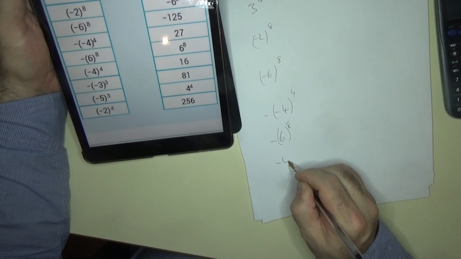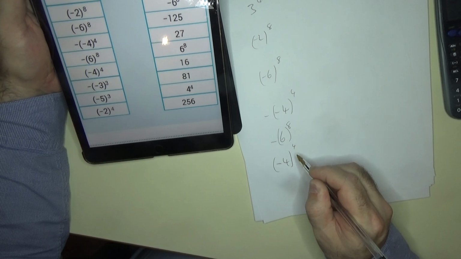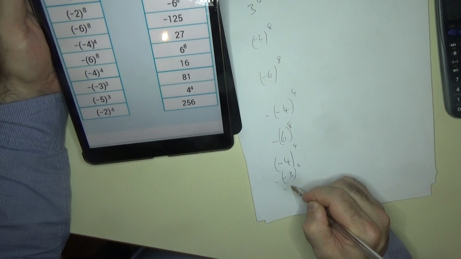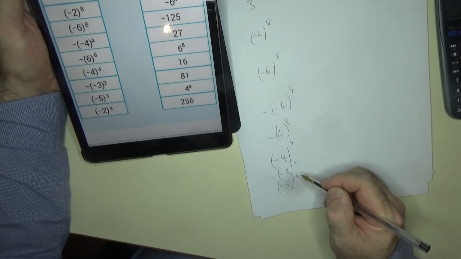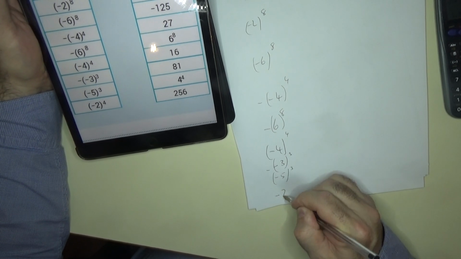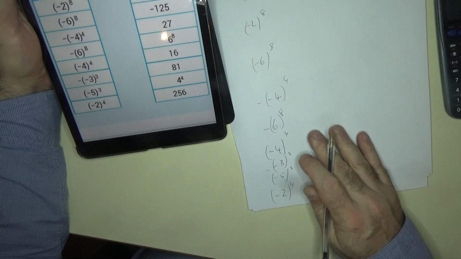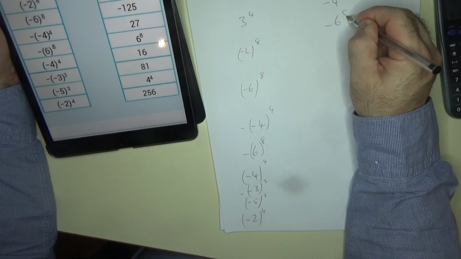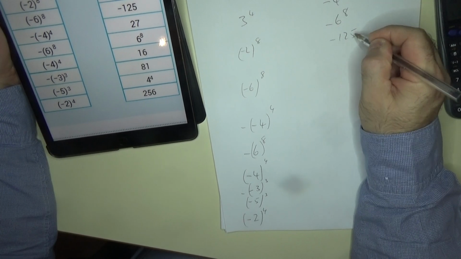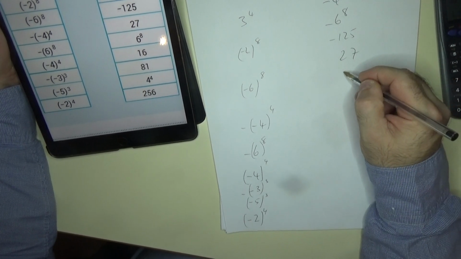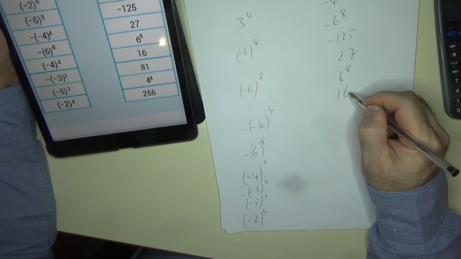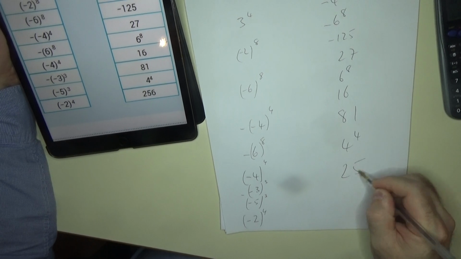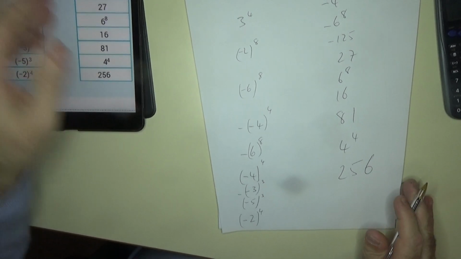Here we go: minus 4 all to the 4, minus 3 cubed, minus 5 all cubed. So look at how I use the word all, and minus 2 taken all to the power of 4. Okay, and we have minus 4 to the 4, minus 6 to the 8, minus 125, 27, 6 to the 8, 16, 81, 4 to the 4, and 256, which is 2 to the 8 by the way.